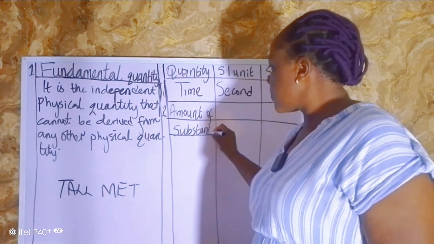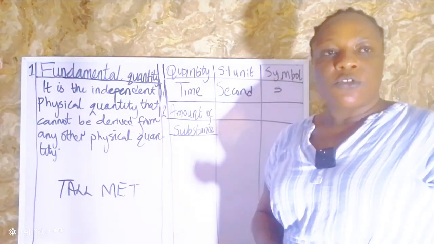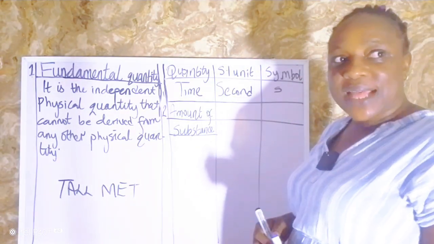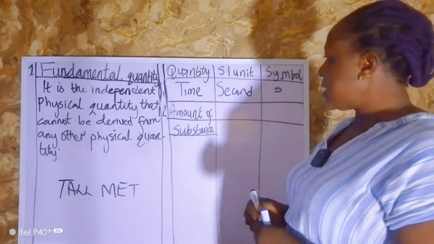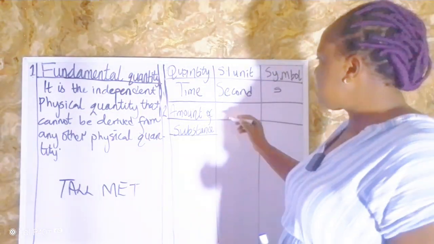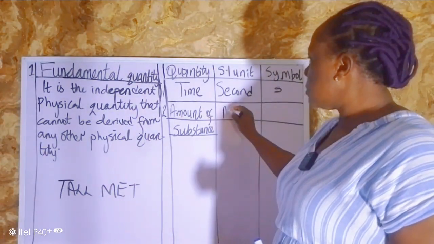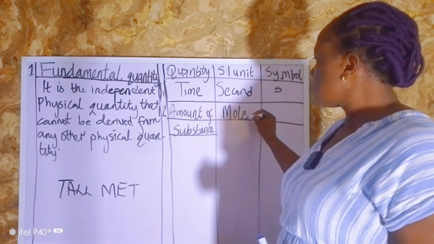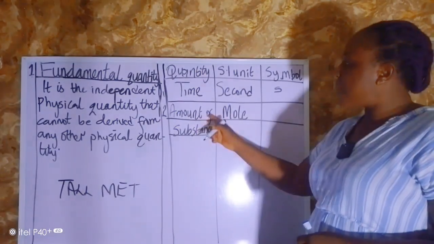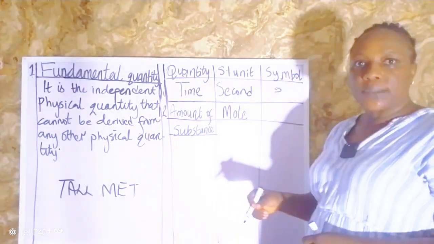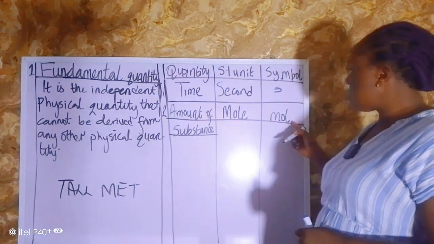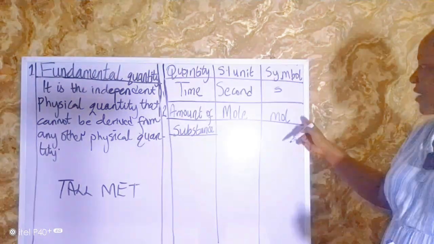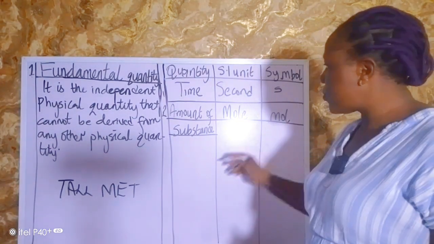When we talk of amount of substance, what are we talking about? The SI unit for amount of substance is mole, which we write like this. There is no E here, as you can see.